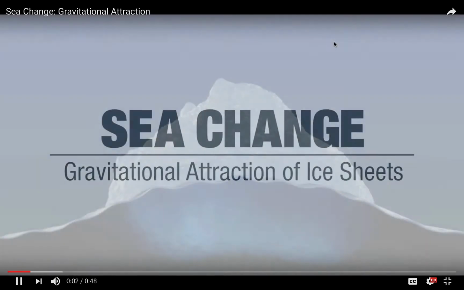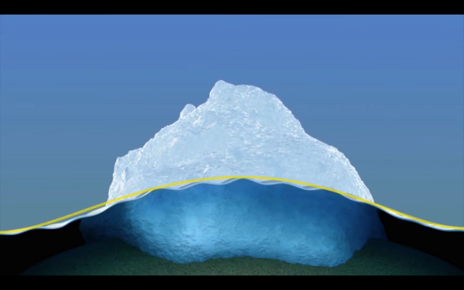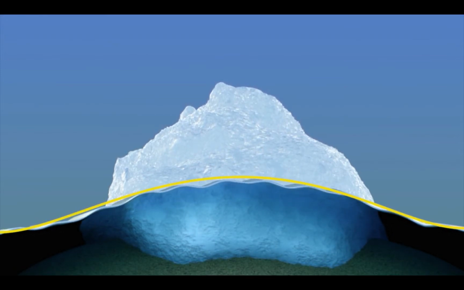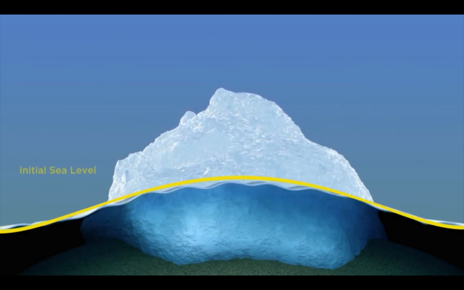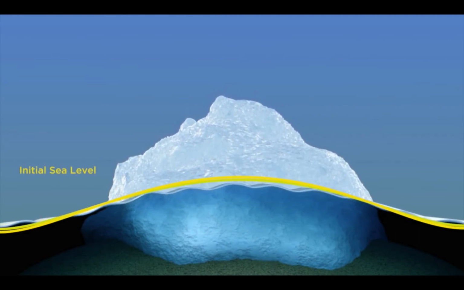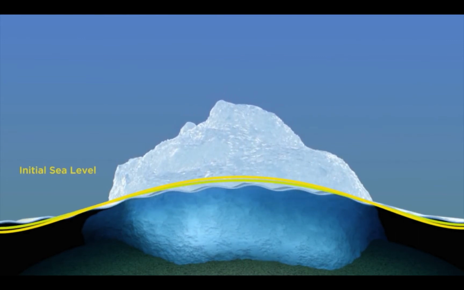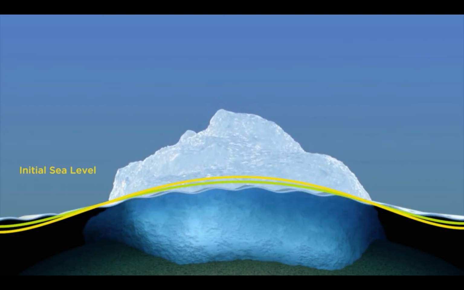Near a melting ice sheet, two opposing effects influence local sea level. A weakening gravitational attraction lowers the sea near the ice sheet, while at the same time, water flowing into the ocean raises it. To take a concrete example, imagine that the Greenland ice sheet suddenly collapsed into the sea.